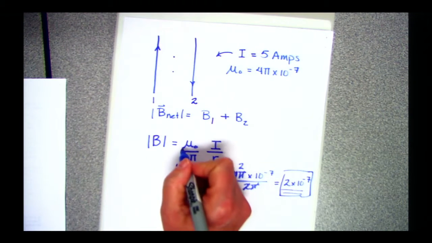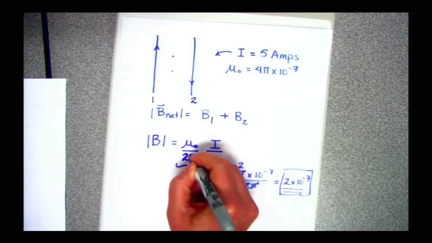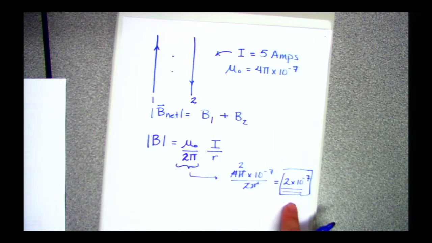It's coming from the fact that I've got this permeability of free space divided by 2 pi, and going through this analysis right here, I get my 2 times 10 to the minus 7. So you'll see them show you an example, and all of a sudden there's just this 2 times 10 to the minus 7, and you're going, where the heck did that come from? Well, that's where it came from.